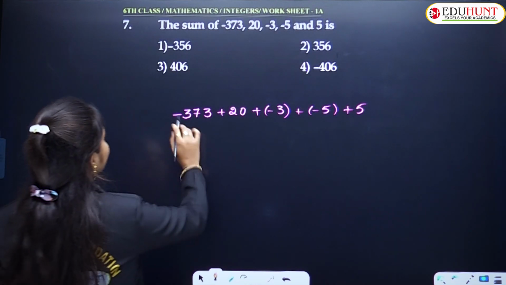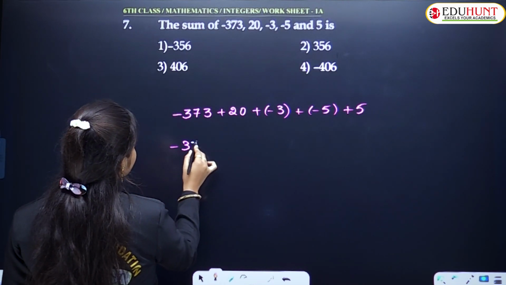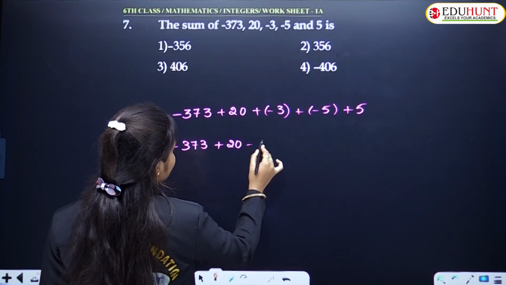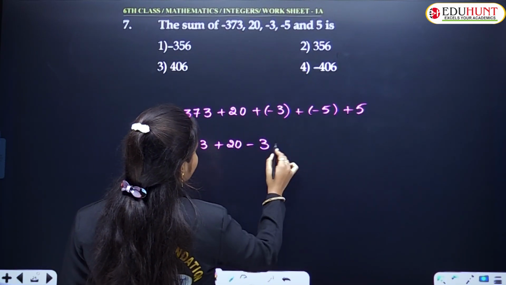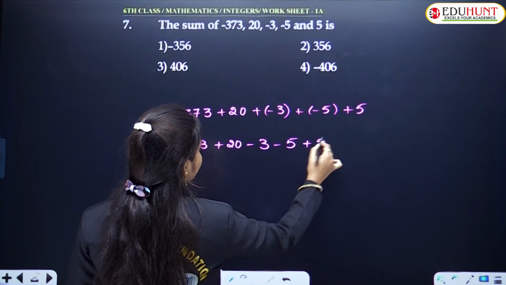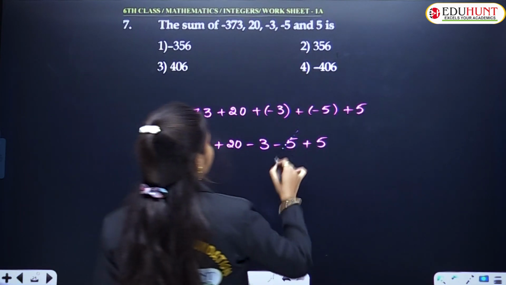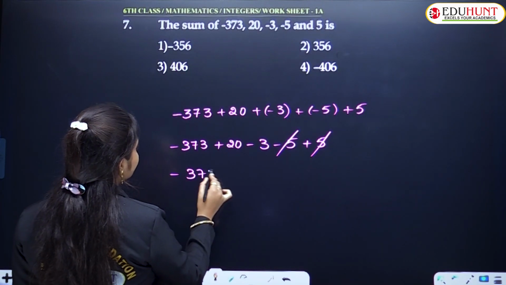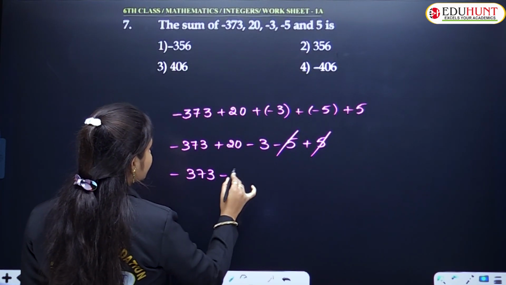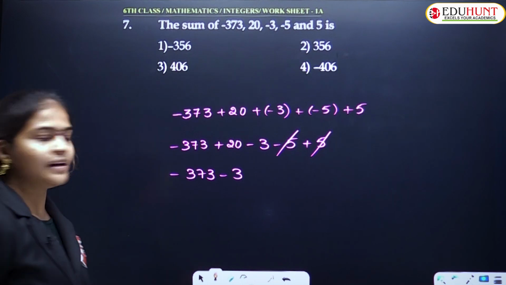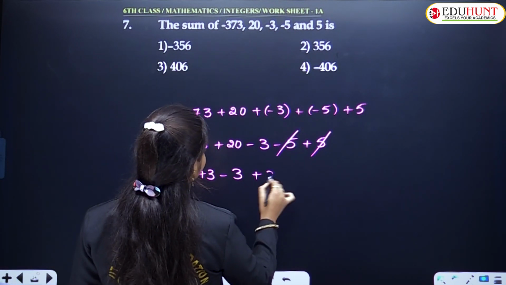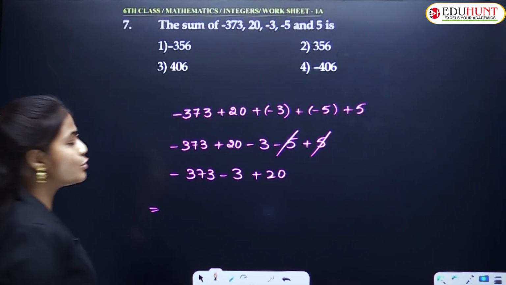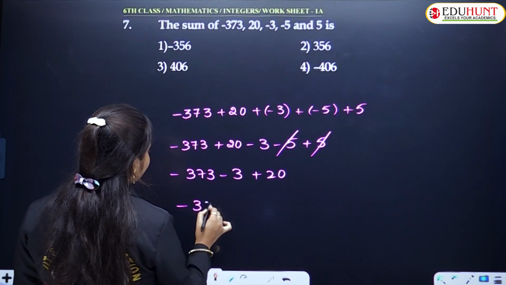Here we can write this as minus 373 plus 20, and here plus into minus is minus 3, again plus into minus is minus 5 plus 5. Now minus 5 plus 5 gets cancelled, and I am writing together these two numbers: minus 373 minus 3 plus 20, which is equal to minus 376.